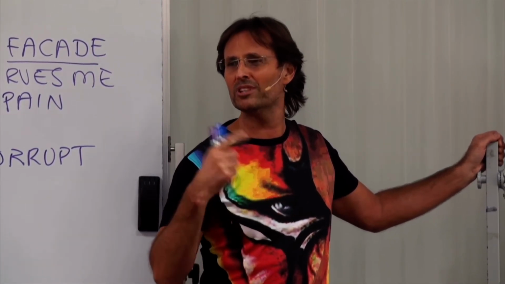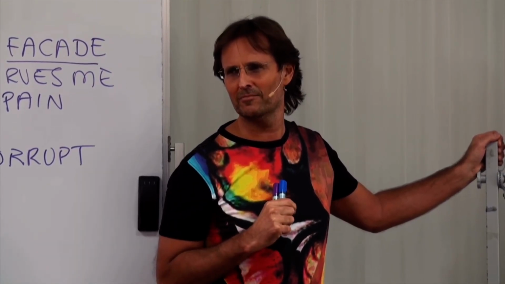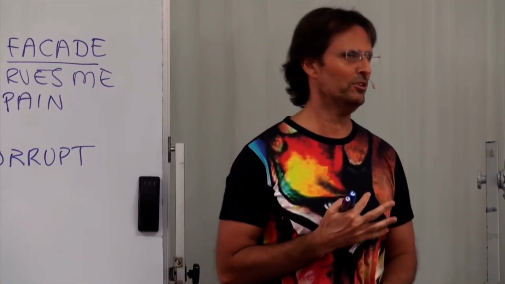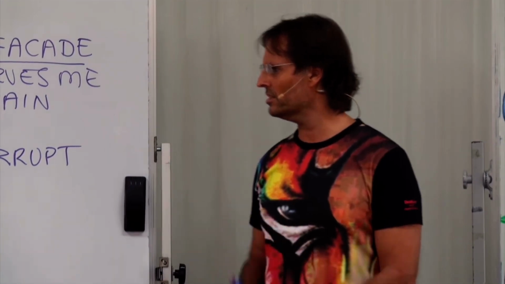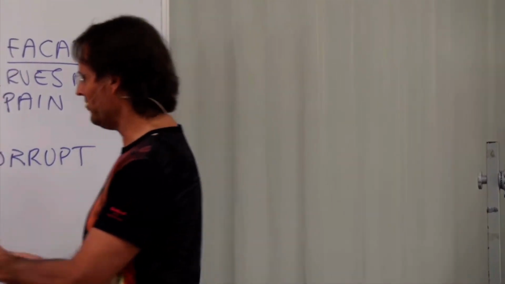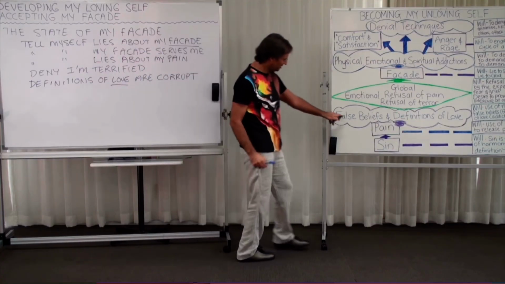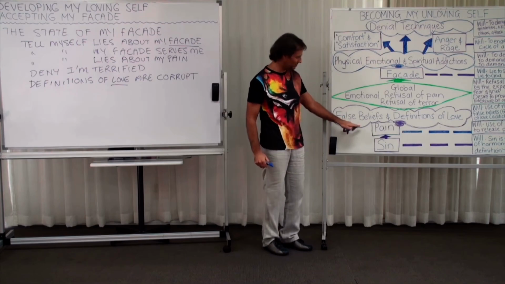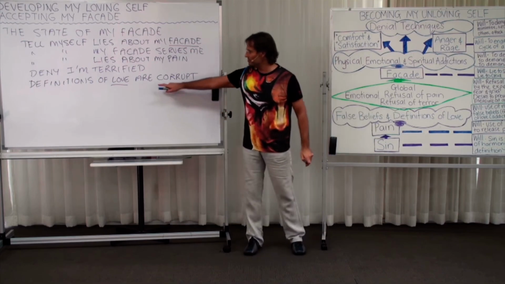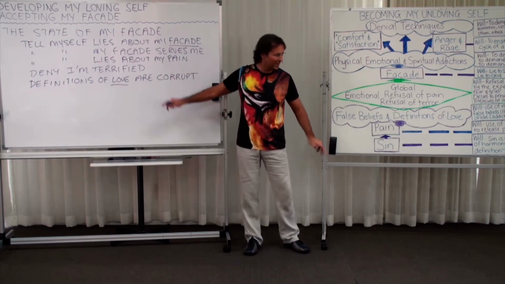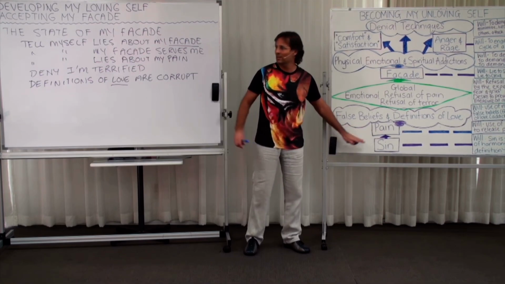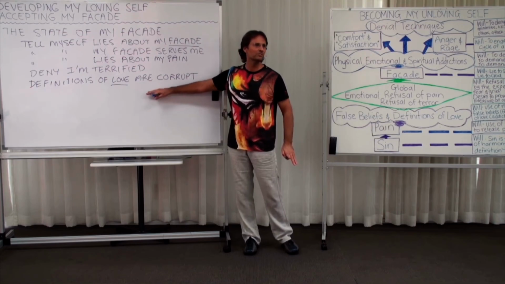And then we come up with a whole heap of justifications that it's okay, such as they're not alive yet, they're not a real person yet, and all of these other justifications. But they're all corrupt justifications. So the problem is my false definitions of love, which you can see here in this diagram, down the bottom: false beliefs and definitions of love driven by our pain. The corrupt definitions of love have been created by the pain that we have, and unless we release the pain we have, we can't change the definitions of love that are inside of us.